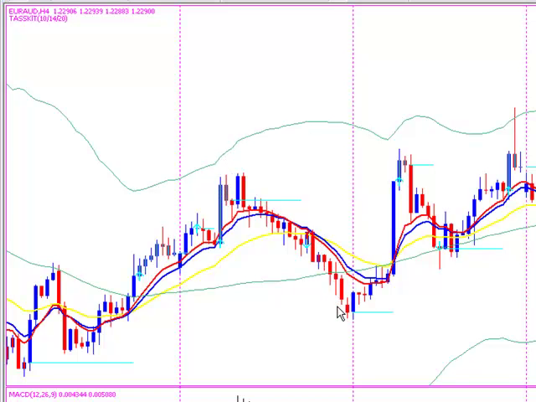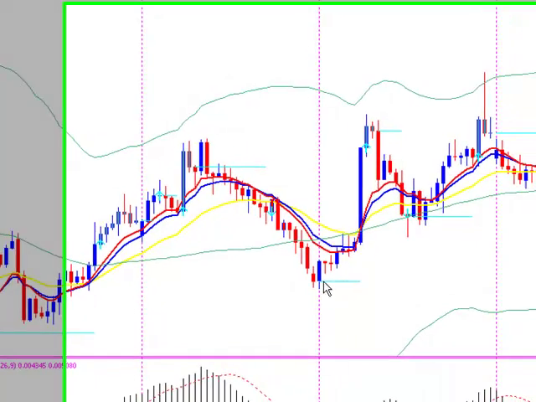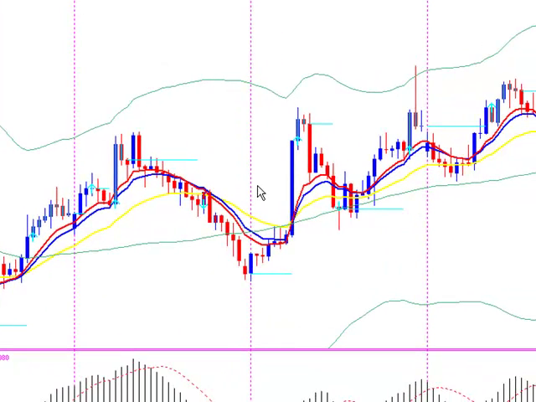It breaks down. Now there is a custom indicator I use which gives me regions of support and resistance. At this point we have a resistance which would have triggered our short trade. At this point we have a resistance which would have triggered our long trade again.